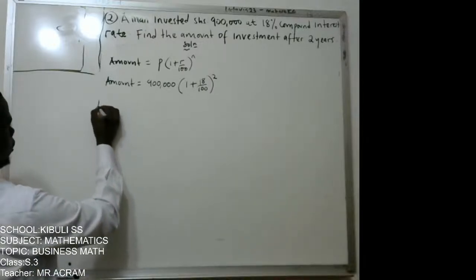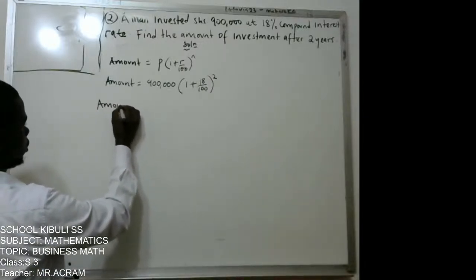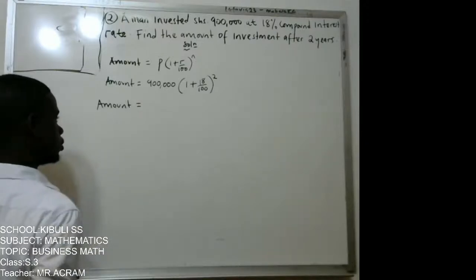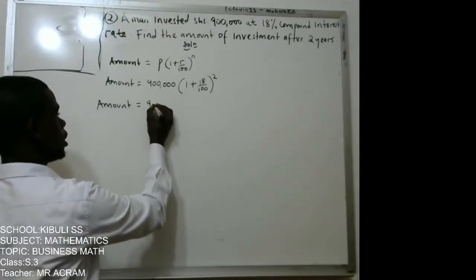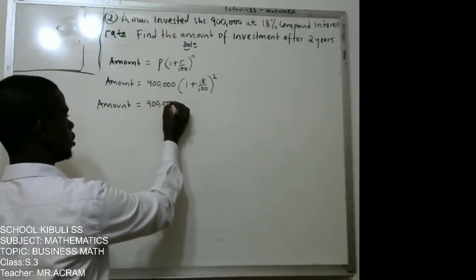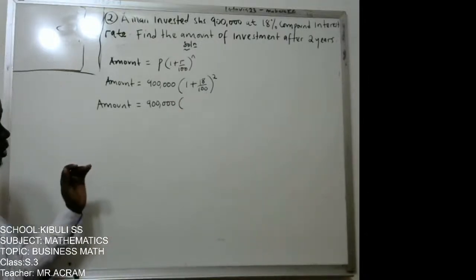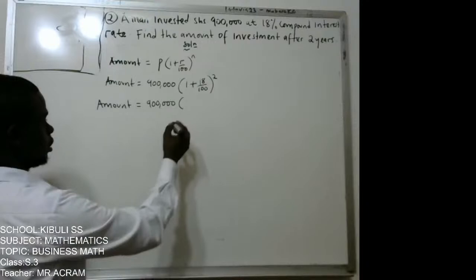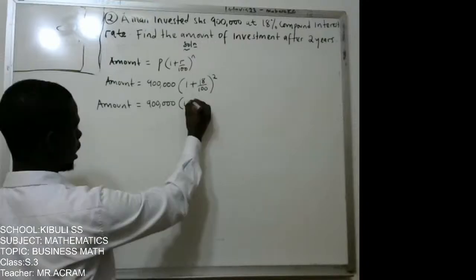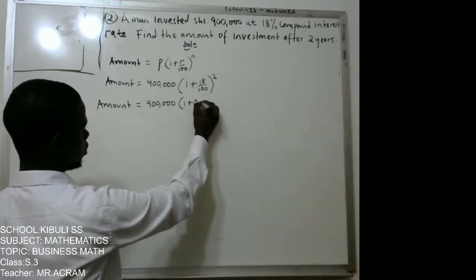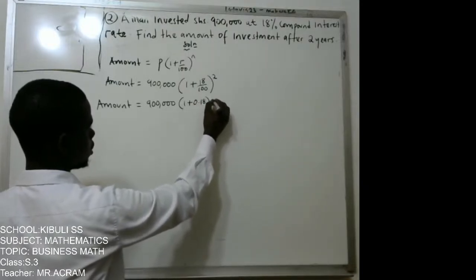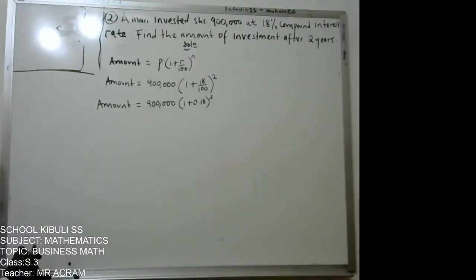So our amount will equal 900 into, I told you, first deal with the bracket. It is 1 plus this divided by this, what do we get? 0.18, power 2.